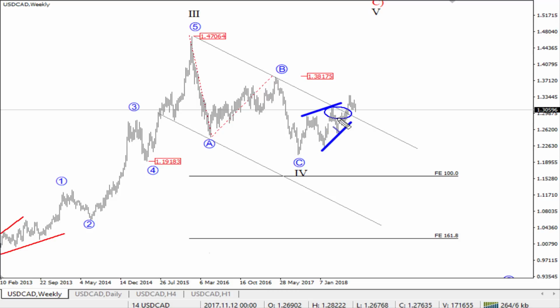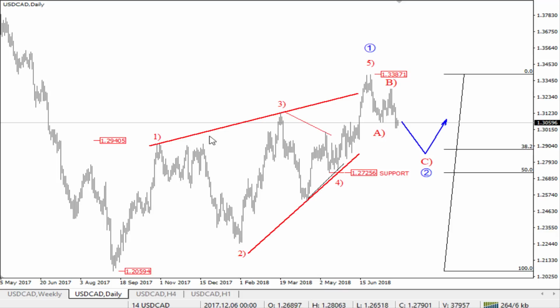So maybe this was a leading diagonal and this is wave 1, and now we are in wave 2. So watch out for this trend line. It could be retested, because a major trend line forms a major breakout, but after a pullback you may see a retest of this major trend line. So ideally we will see a retest and then a new leg to the upside. Okay, so I think that by the end of 2018 we may even see a retest of this wave B swing high.